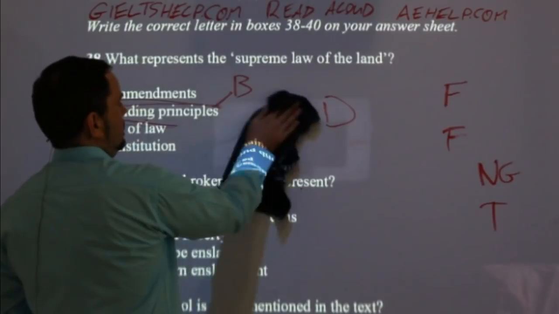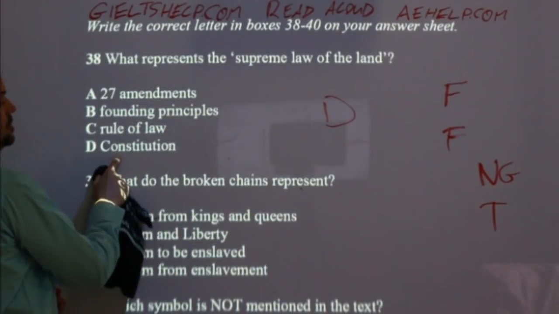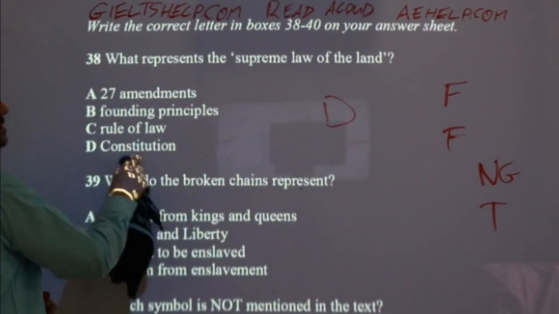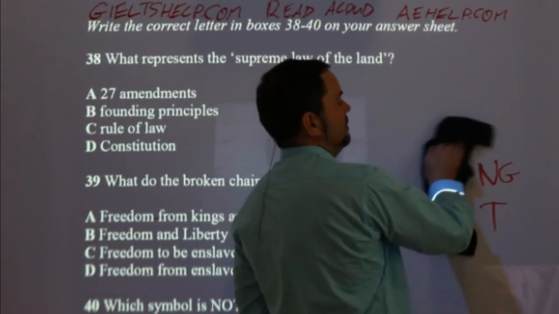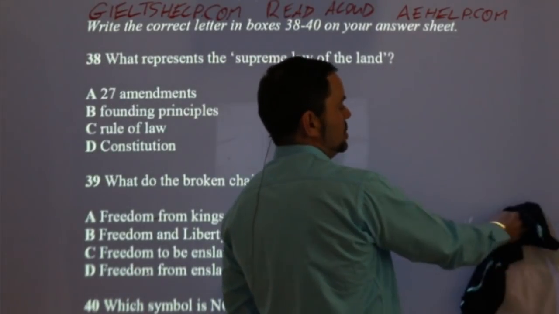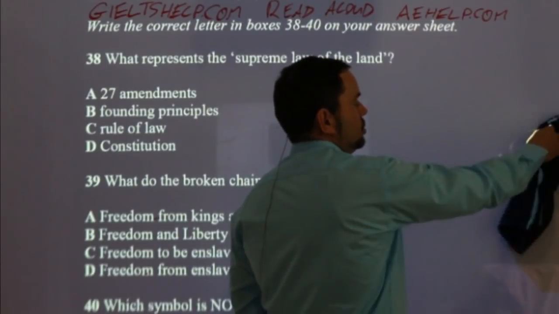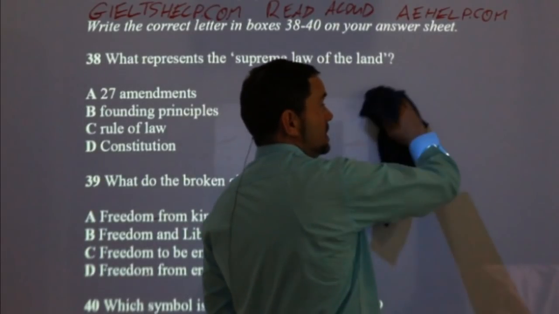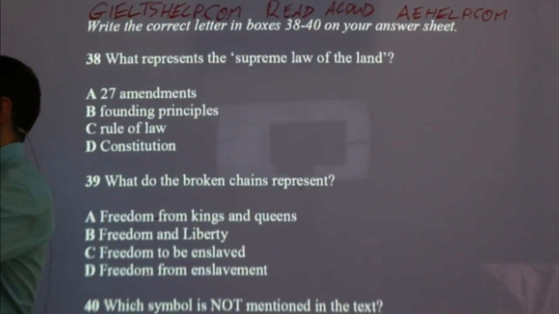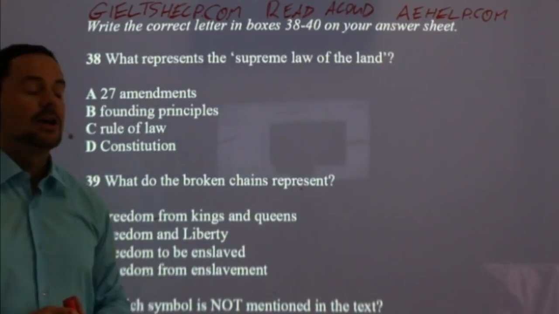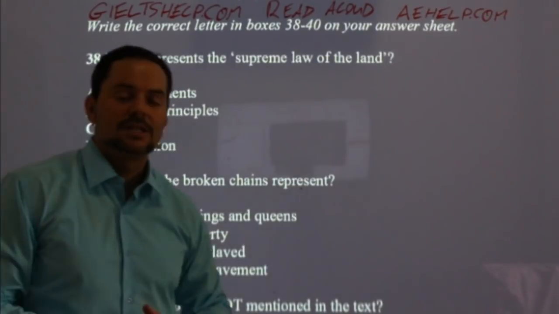So B is a better answer than Constitution, because the supreme law of the land, if you check the paragraph in the beginning, it's not just the Constitution, it's also the 26 amendments. The Constitution and the amendments together make up the founding principles.